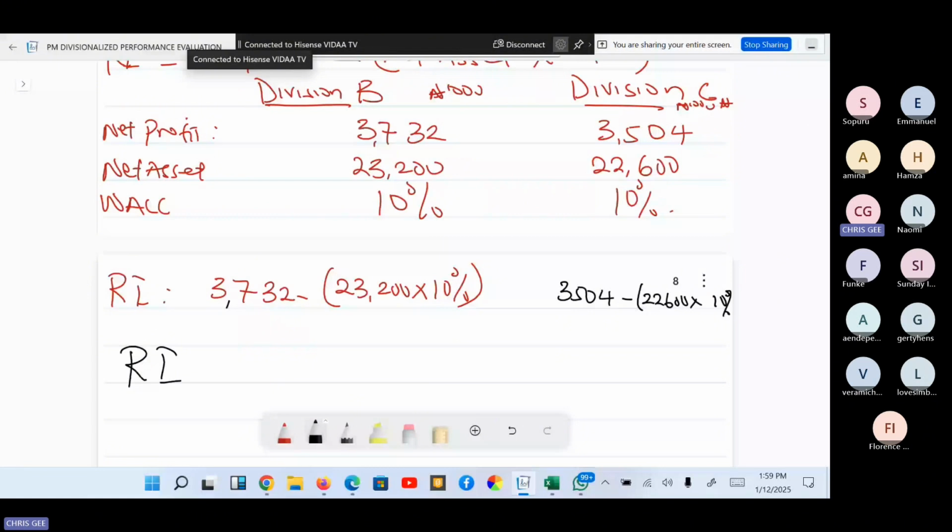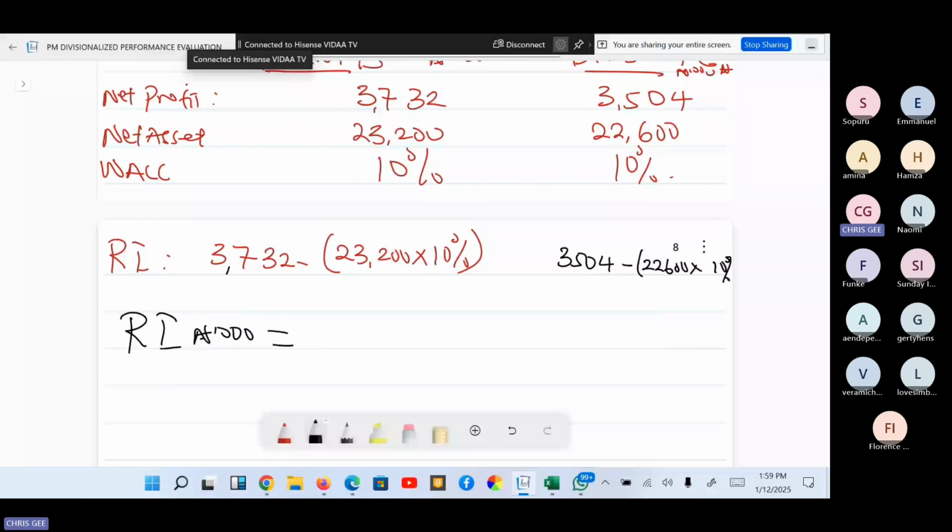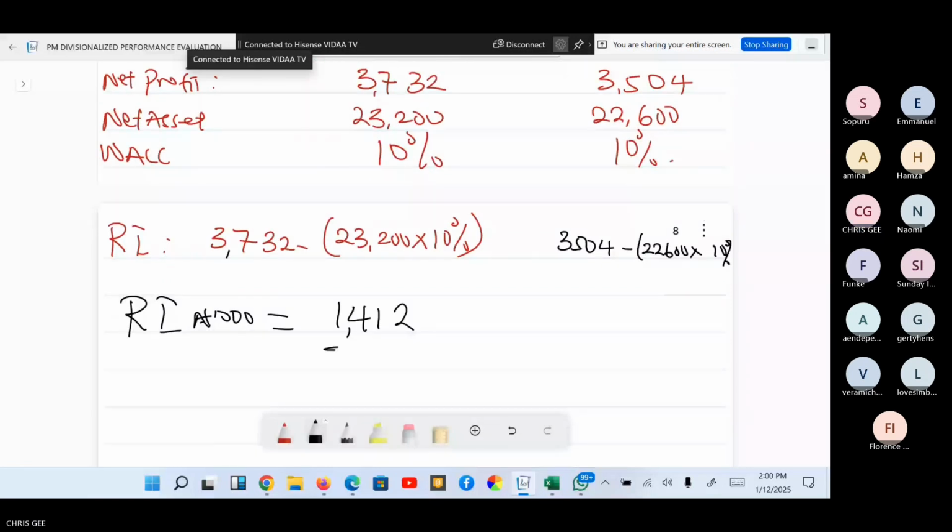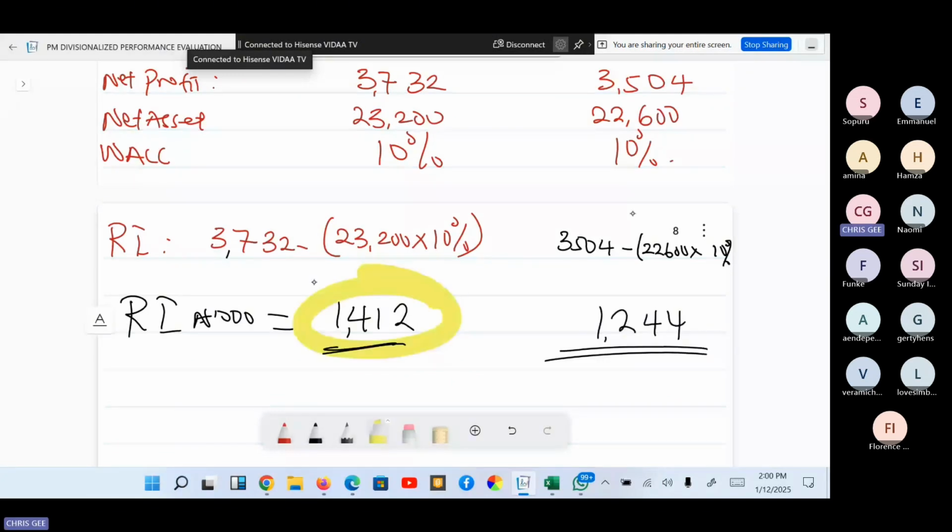It is 1412, like this. And this one is 1244, like this. We are done.